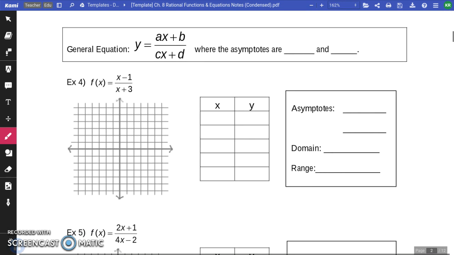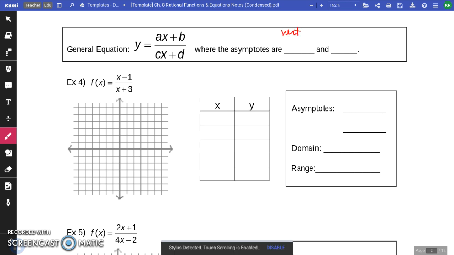is of this form. Okay, so it's still a hyperbola. It's going to be the same shape. You're still going to have a horizontal and a vertical asymptote, but how you find those asymptotes is going to be a little bit different. So to find the vertical asymptote, you are going to put the denominator equal to 0.